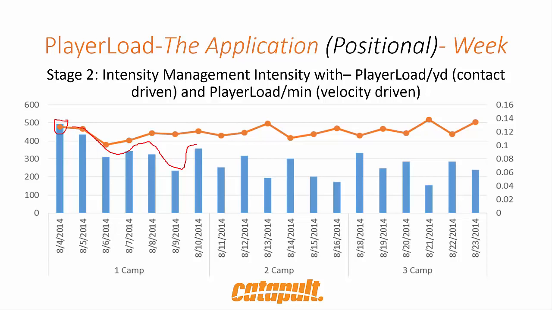And if we're looking at a lineman, this would be an important one to observe based on the context. So you can see 813 and 821, our player load per yard were raised significantly, but our player load overall were pretty much down. So looking at that and saying, well, was that due to the session being more intense, short, and sharp?